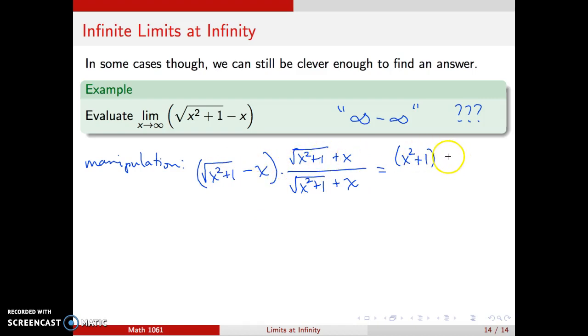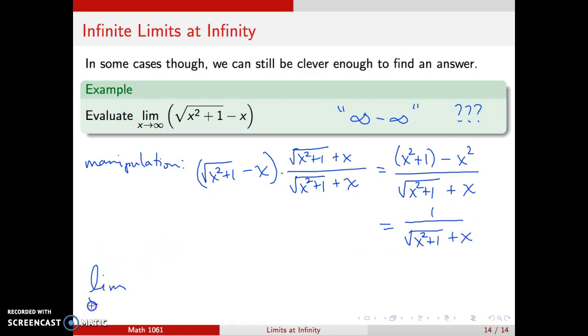Some of those middle terms cancel, minus x squared, all over that. And so that ends up being this guy. And so my limit in question equals the limit as x goes to infinity of this. Now the denominator is getting larger and larger. The numerator is fixed. And so this whole thing is 0. So I had to do a little bit of manipulation, but I could figure it out.